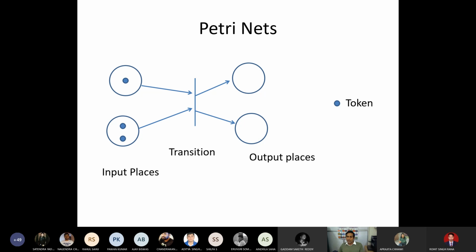From all input places, one token will be removed. So the first input place will become 0, no tokens, the second input place will have one token, and in the output places you will have 1 1. Do you understand? This is the way it works when the transition is fired.